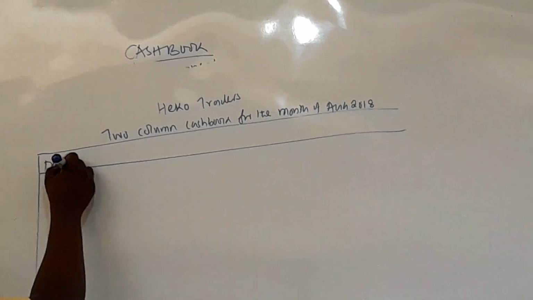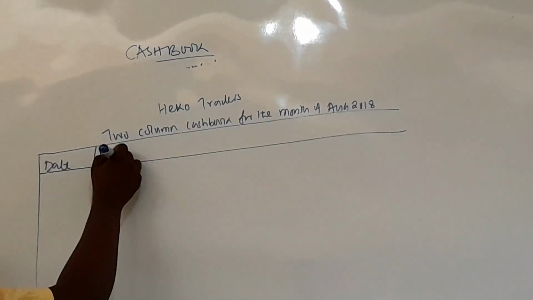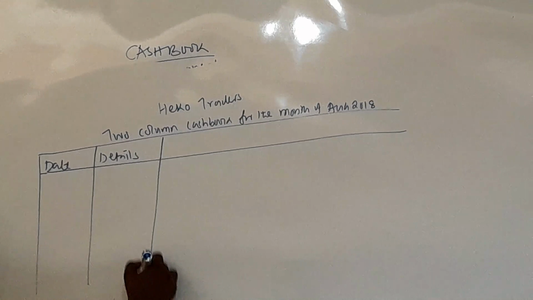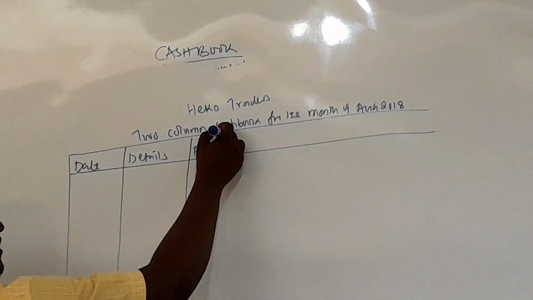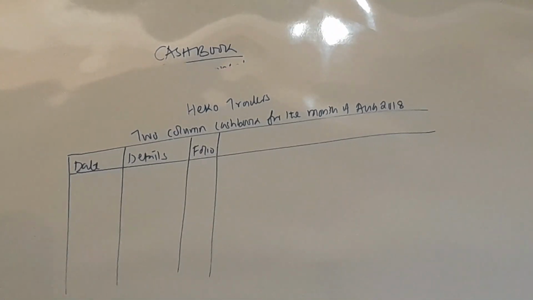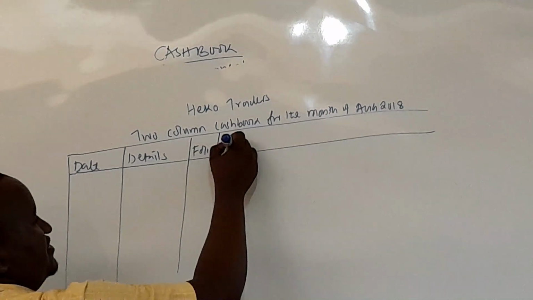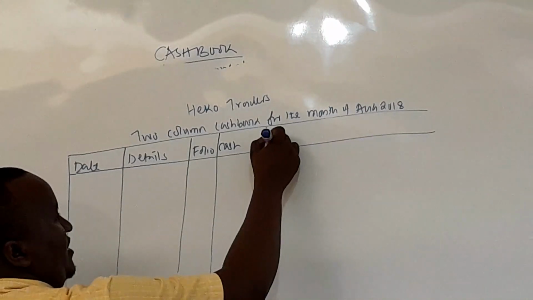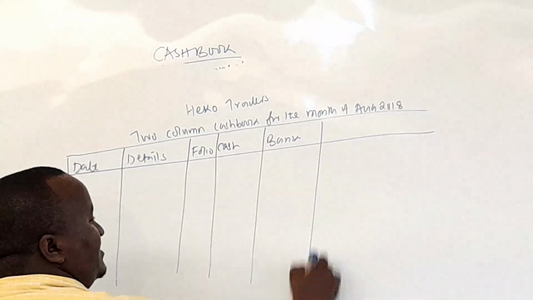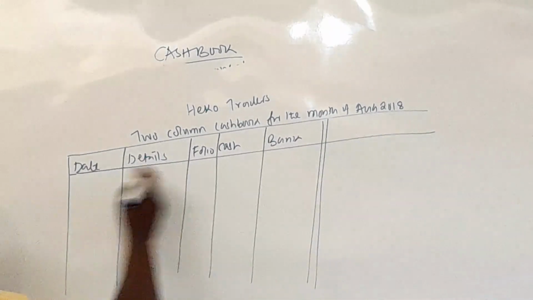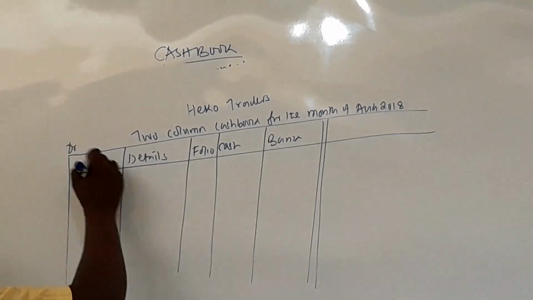Now let's start with the date. We have the details, where we record the details of the transaction, the folio for recording the receipt number or if it's a contract, then the cash and the bank. And that is the center. This side on the left side, we call it the debit side.